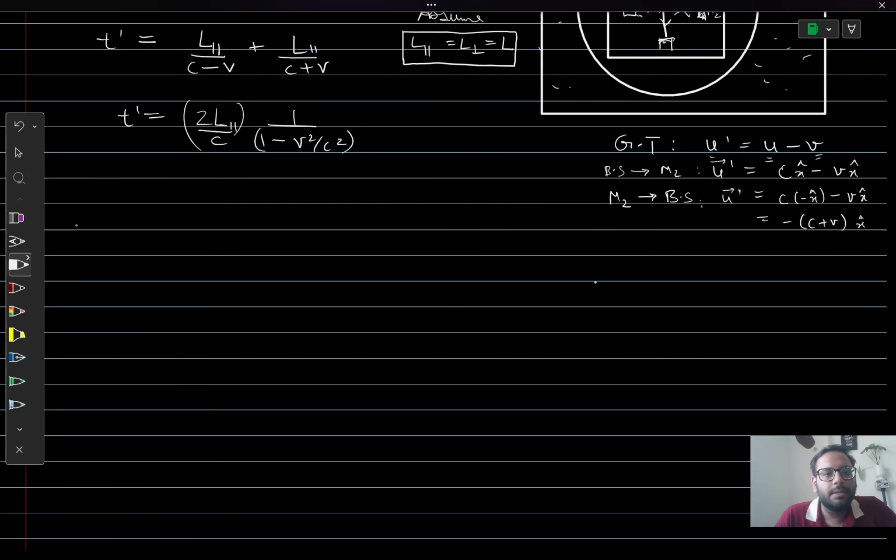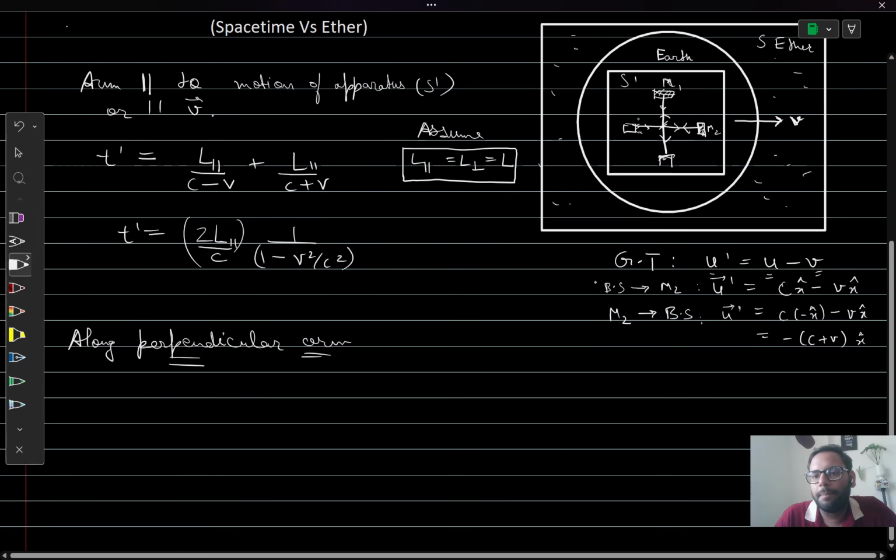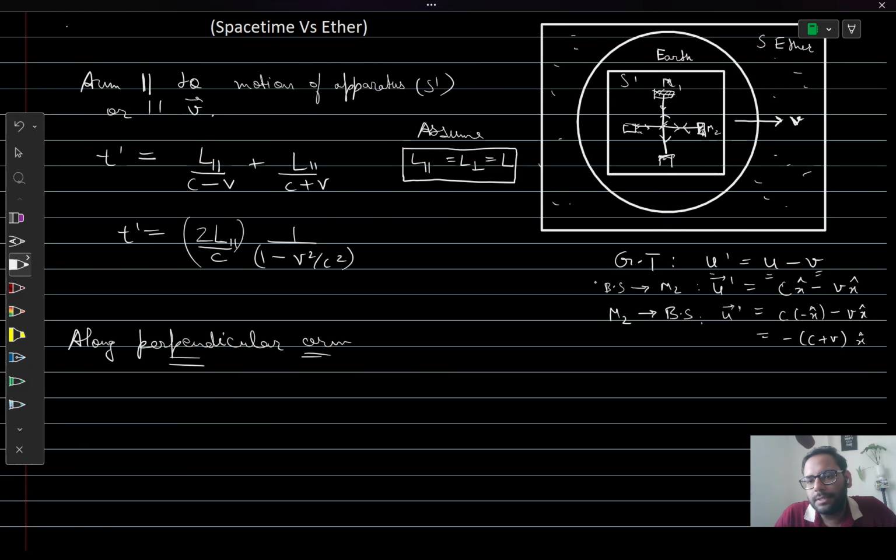Along the perpendicular arm, what will happen? It is simple. Since my whole apparatus is moving rightwards, the light will start from here.